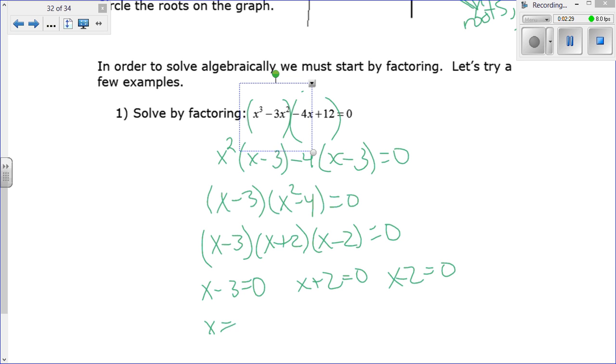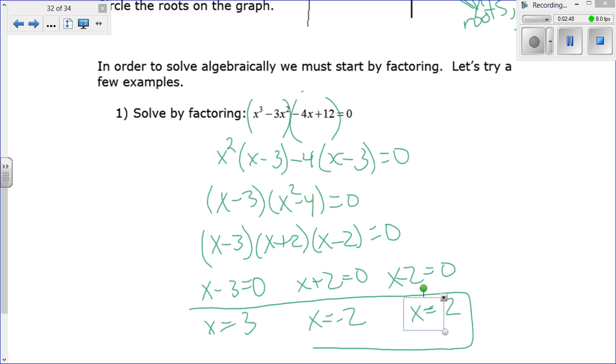So x equals 3, x equals negative 2, and x equals 2. So these are my roots or my zeros. These are my final answers. My highest power is cubed, and I have 3 possible answers there.